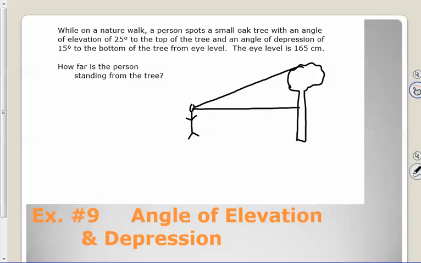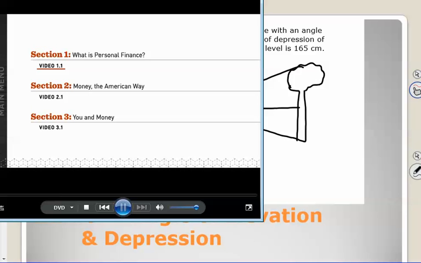So I'm going to go just like that. They said that that's a 25-degree angle of elevation. But it says that to the top of the tree, and an angle of depression. So if the guy looked down towards the tree right there, there's your angle of depression.